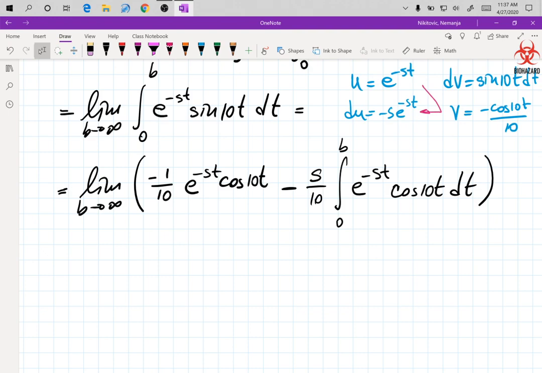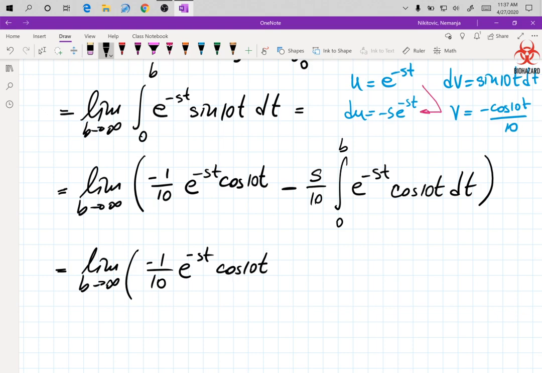And at this point in life, you are supposed to do this calculation again. So negative 1 over 10 e to the negative st cosine 10t minus s over 10, and now another integration by parts goes in here.